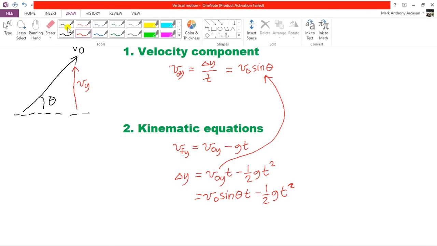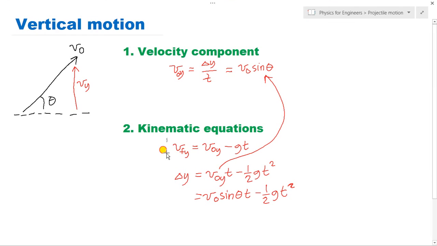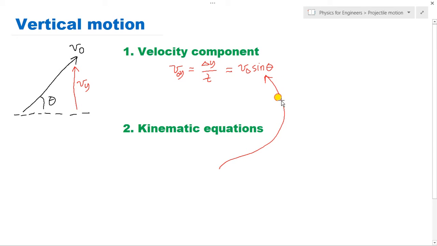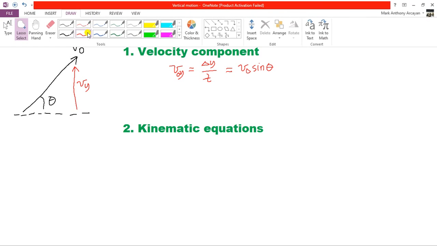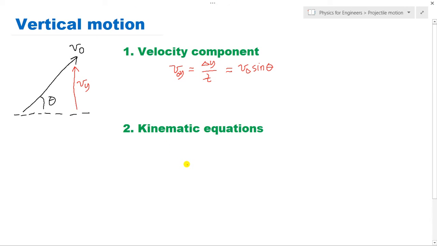How about for the other kinematic equations? The third and the fourth. So let's try to recall. Actually, this is just to recall the topics from the previous section. So for our third kinematic equation, vfy squared is just equal to the square of the initial velocity along y minus 2g delta y.